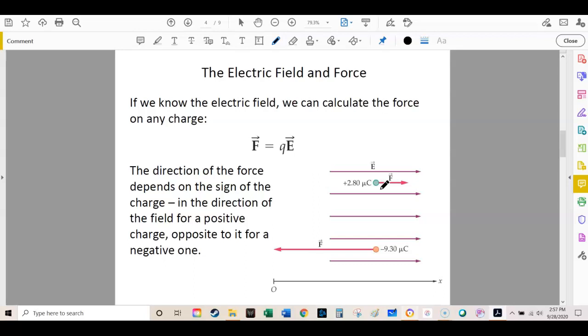That's the only way to do it. This is the positive plate right here. So imagine you have a positive plate. How do I know that's positive? Well, billions of positive charges are built up here, and the electric field is pointed away from them.